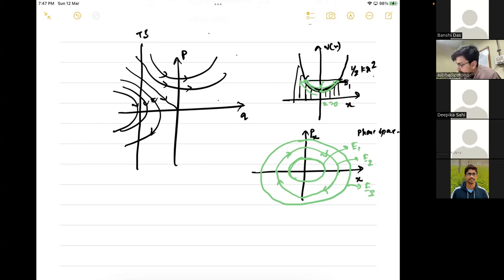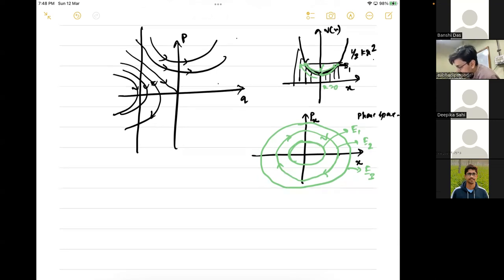If you draw these otherwise, like an upper arc in the positive momenta, as you have drawn the green one, then it is more meaningful to me, at least. Meaningful means it is the actual figure, if you draw it fully. No, I understand, I got your point, because it is for a different potential.